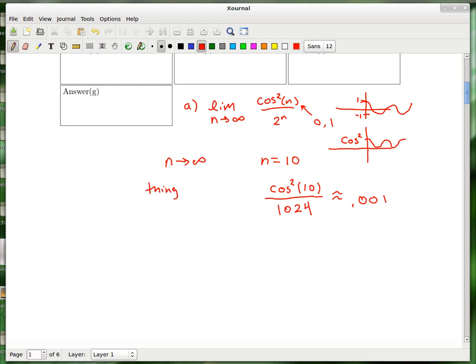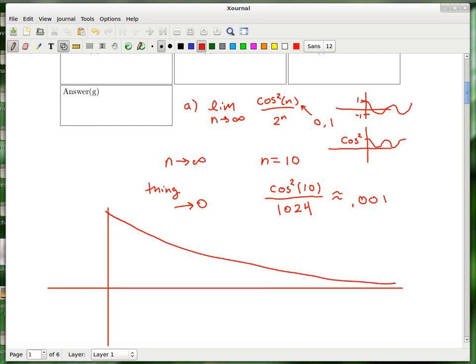If you want to prove it more exactly, I think it's obvious, but this is a nice chance to use the Squeeze Theorem, if you like it. This sequence is trapped on top by the sequence 1 over 2 to the n.